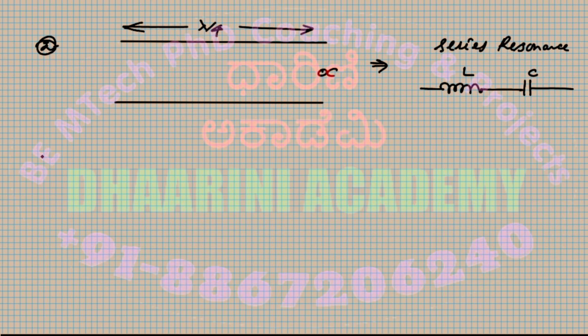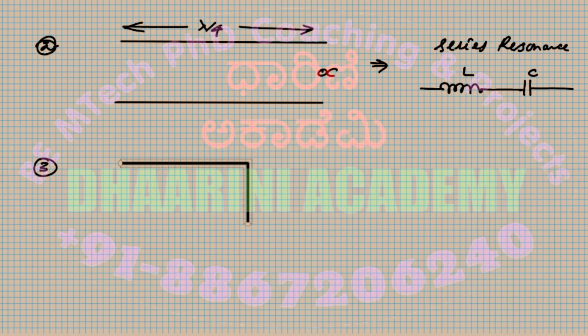All right, let's move further. The third application: let me say I want to use a transmission line whose length is not lambda by 4. I'll say it is lesser than lambda by 4, so I can make it shorter. The total length was lambda by 4, now we have reduced this.